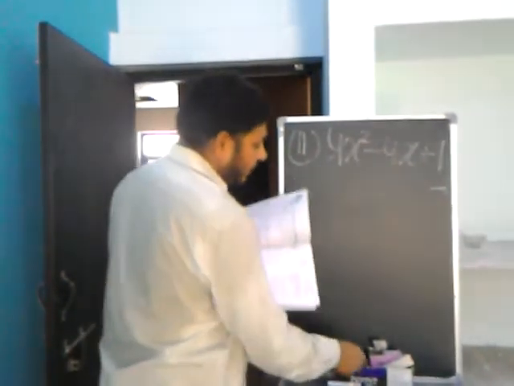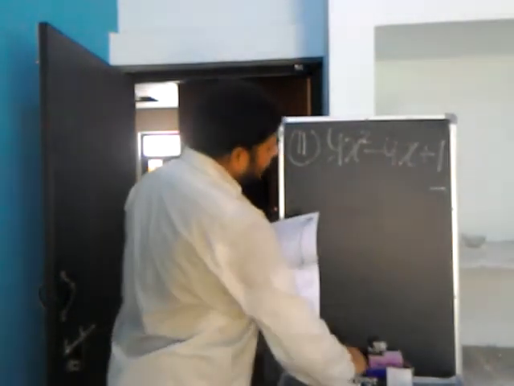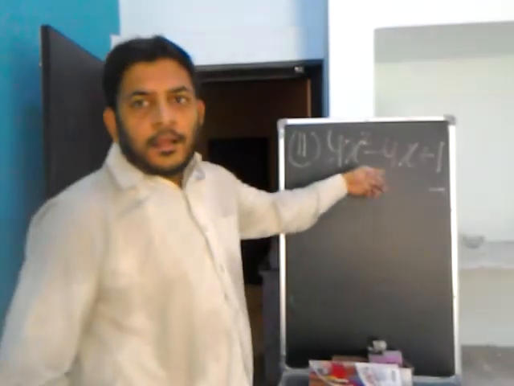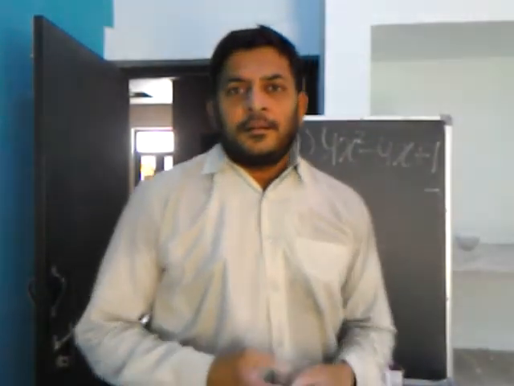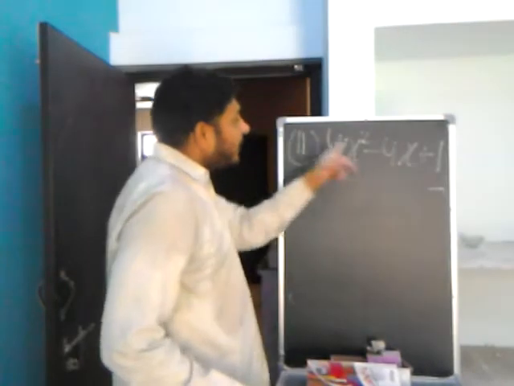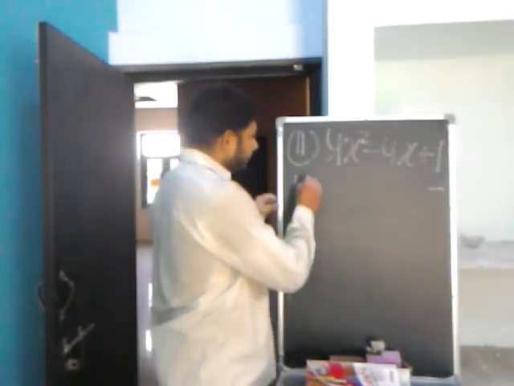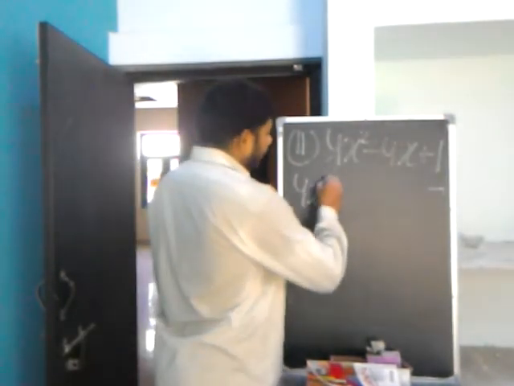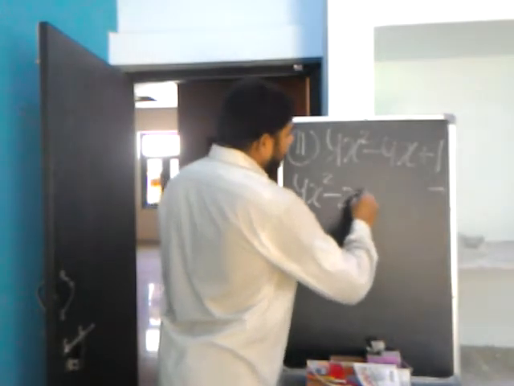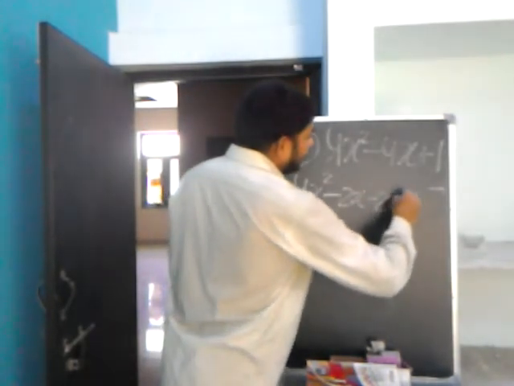Splitting the middle term, I will get minus 2x and minus 2x plus 1.